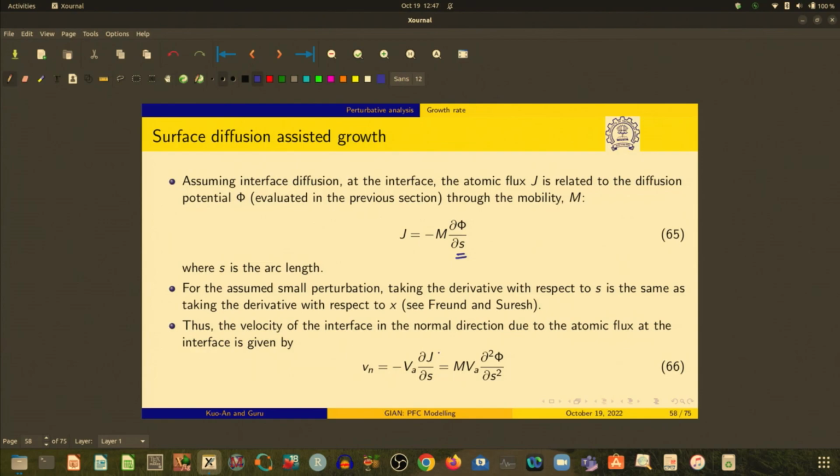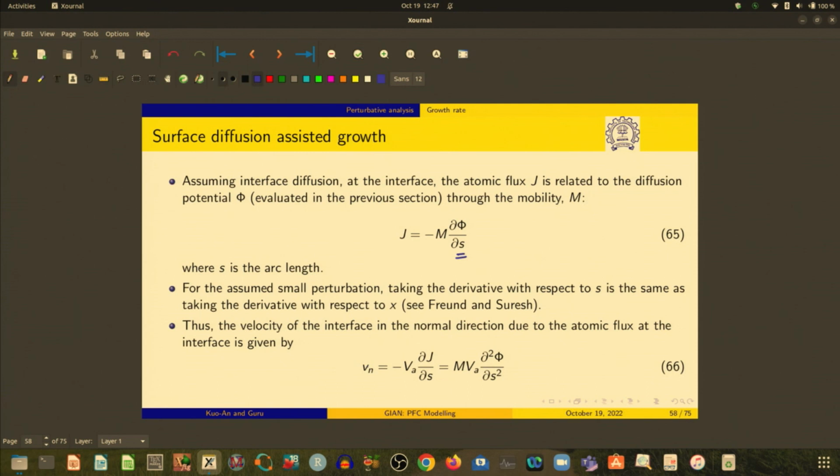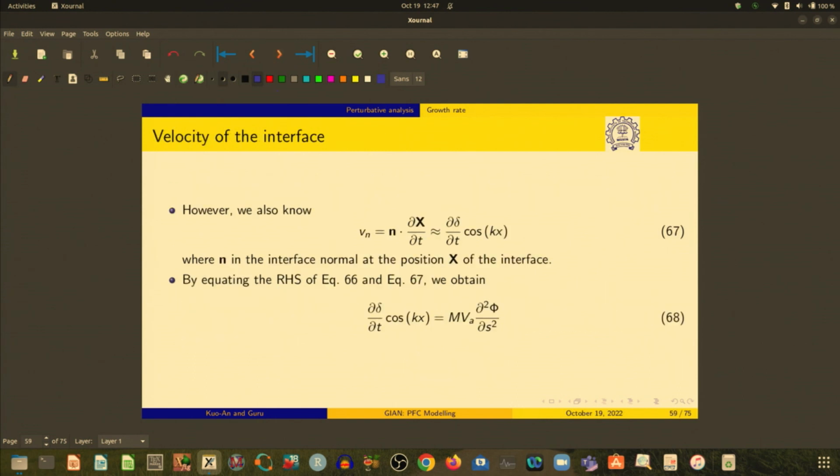So, it is a length per second. So, that is basically a velocity. Okay. So, you can substitute here for j. So, you have velocity as m v a times del squared phi by del s squared. Okay. But you can also get the velocity by taking the normal and dotting it with how the x is changing, and we have already assumed the interface profile. So, we can get the velocity.